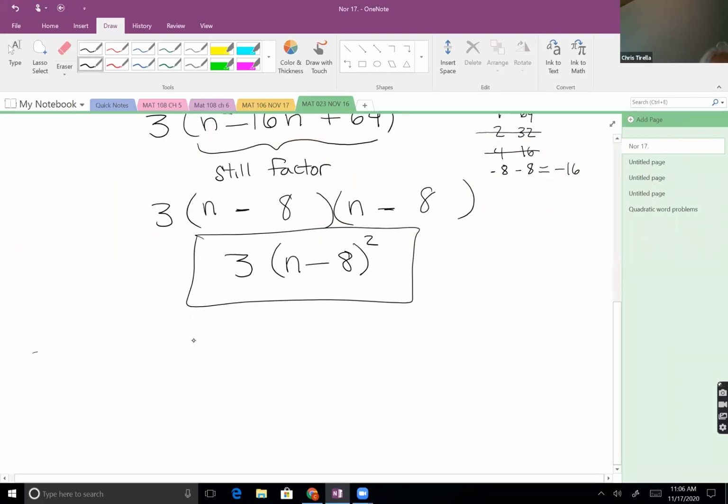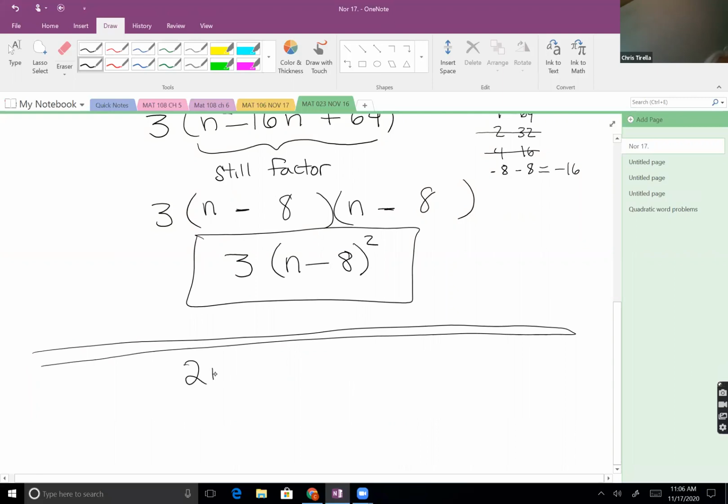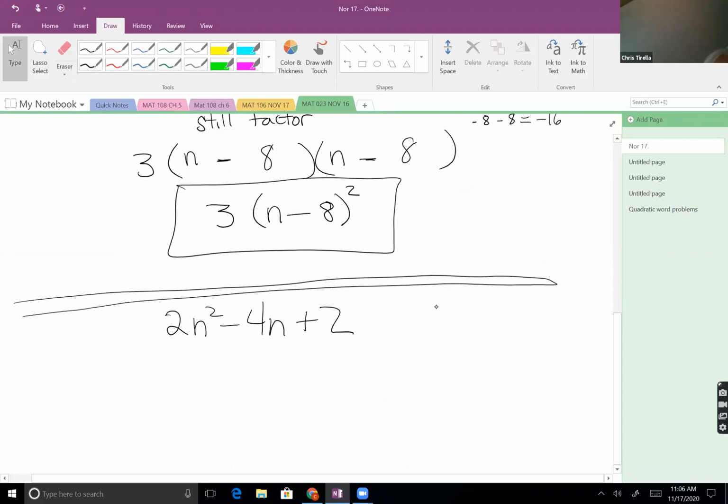The next thing that I received in the email is 2n squared minus 4n plus 2. Again, whenever I factor, I always see, is there anything in common? And here, because they're all even, there's a common factor of 2. When I divide out the 2, I'm left with 2 times parentheses n squared minus 2n plus 1.